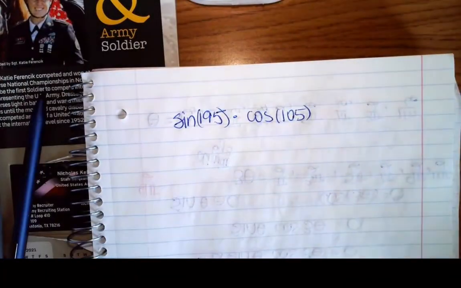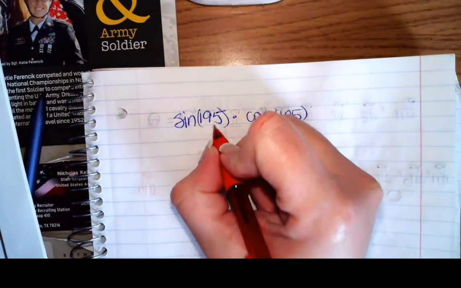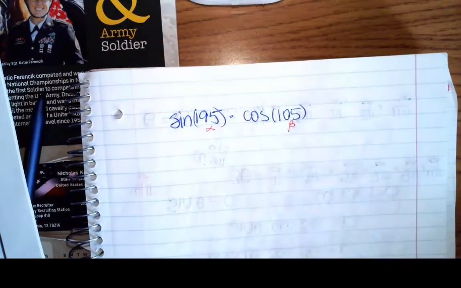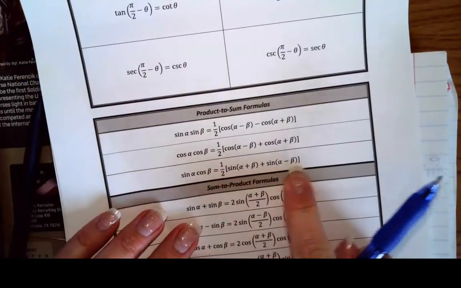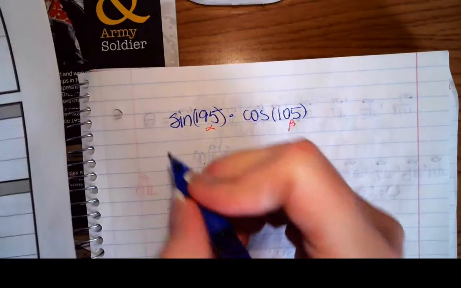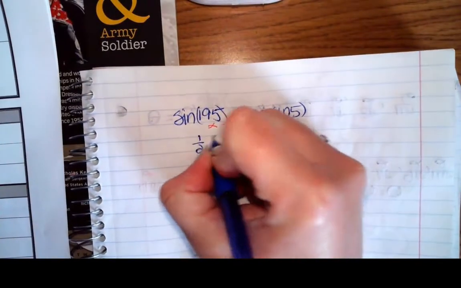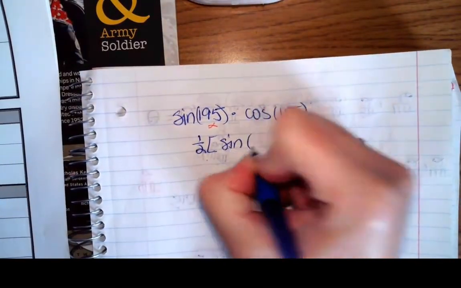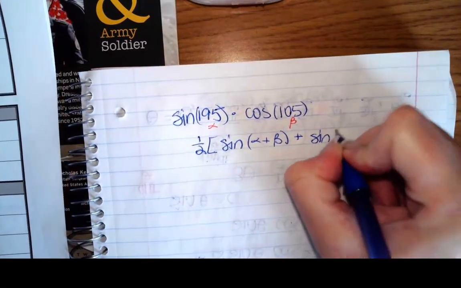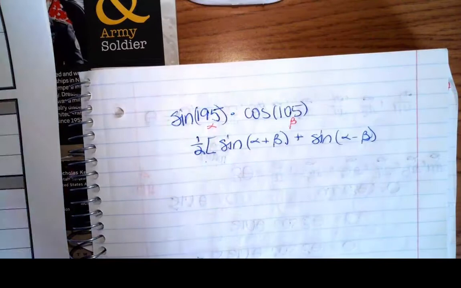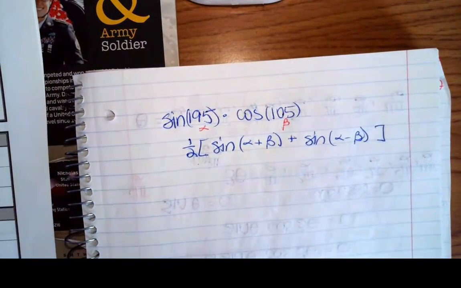So sine alpha times cosine beta, if this is my alpha and if this is my beta, then I'm going to apply this formula. So I get 1/2 times the sine of alpha plus beta plus the sine of alpha minus beta.